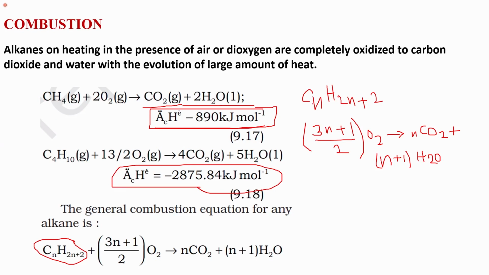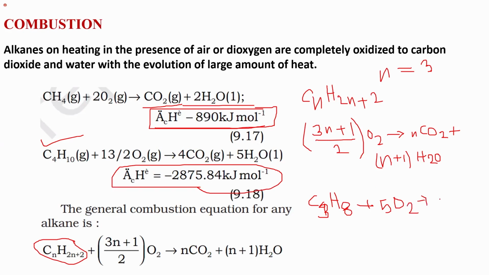Now let's say suppose you have n equals 3. What will be the equation for n equals 3? So I'll write the equation for this one. n equals 3 means C3H8 plus, 3 into 3, 9 plus 1, 10 divided by 2, so 5 O2.